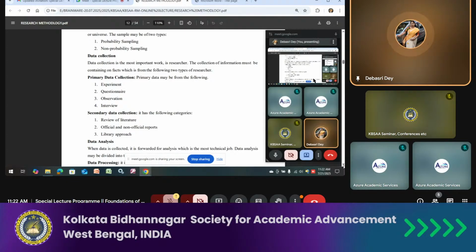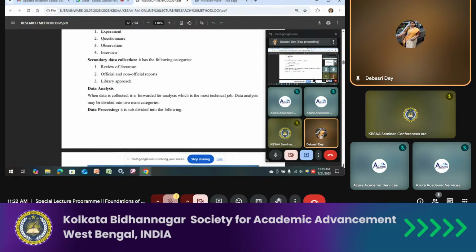Some of the primary data collection mechanisms are experiment, questionnaire, observation, and interview. And secondary is very easy, because very huge databases are available, such as literature reviews, official or non-official reports, various libraries, etc. Well, now that I have the data in my hand, we go for the analysis.